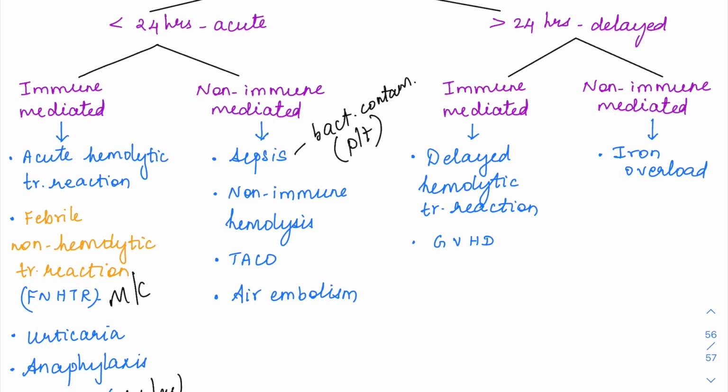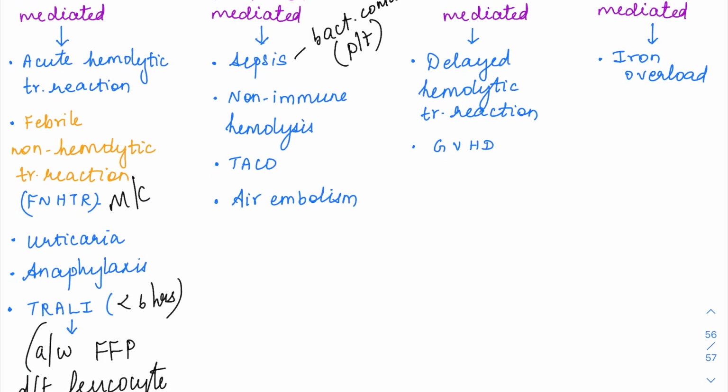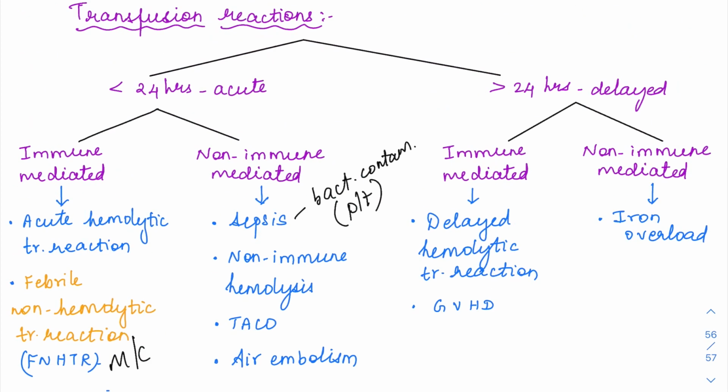Other than that, non-immune hemolysis because of physical trauma. If there is damage through the veins, that can cause mechanical trauma to the product, which can cause non-immune hemolysis. Then TACO, transfusion associated circulatory overload, can result. Then air embolism: while transfusing, air can enter the vessels causing air embolism.